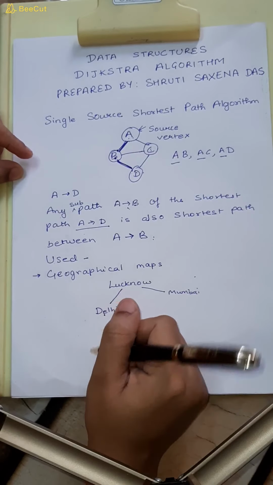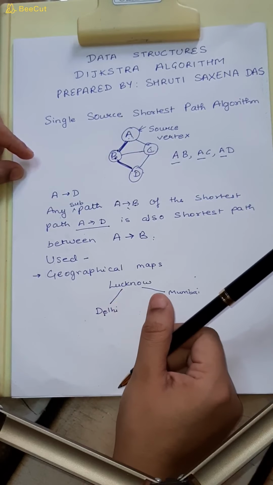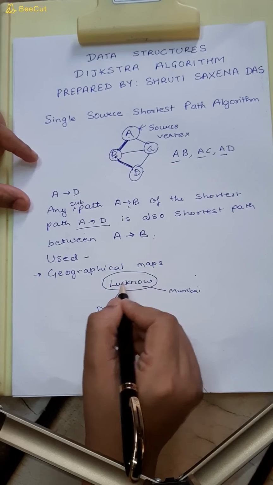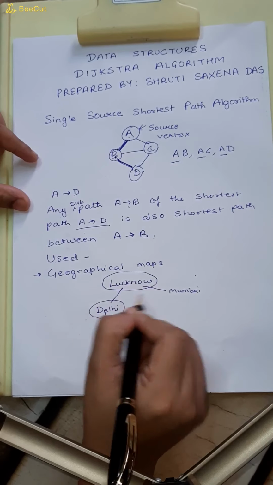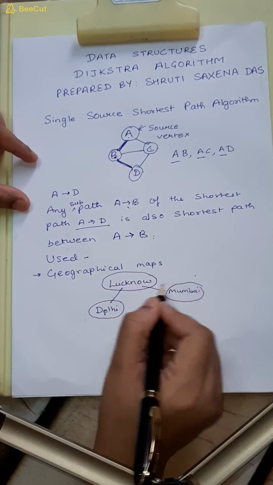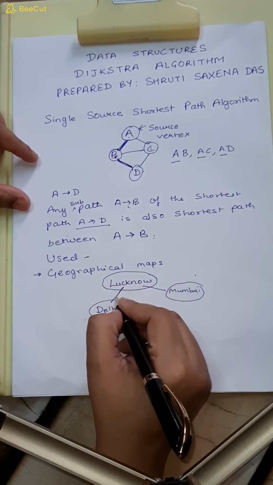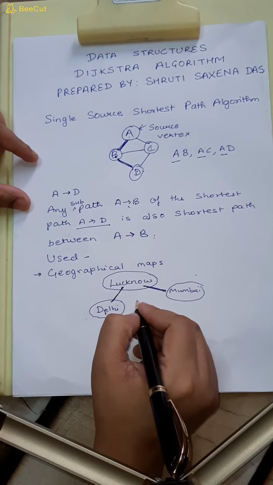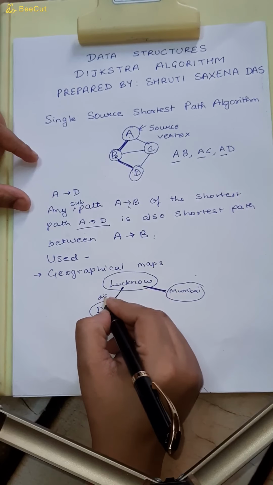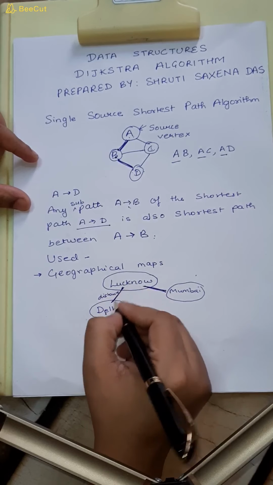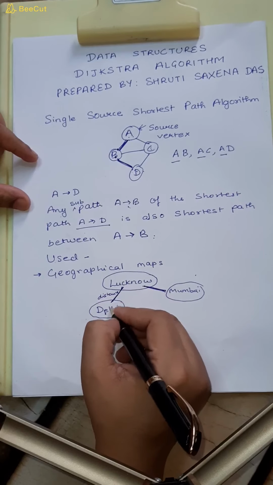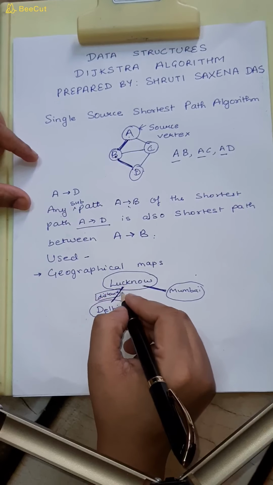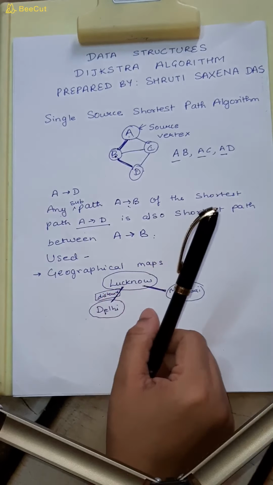In geographical maps, all these locations are nodes, the edges are the roads, and the distance between Lucknow and Delhi will be the weight of that edge.